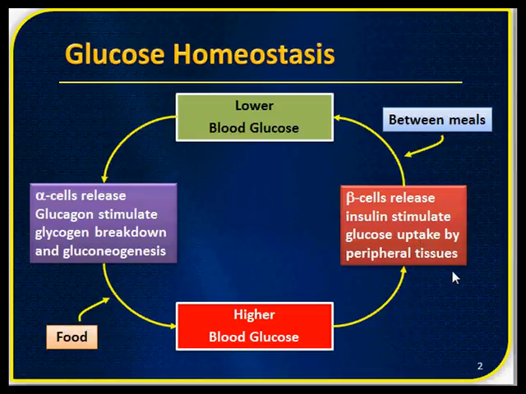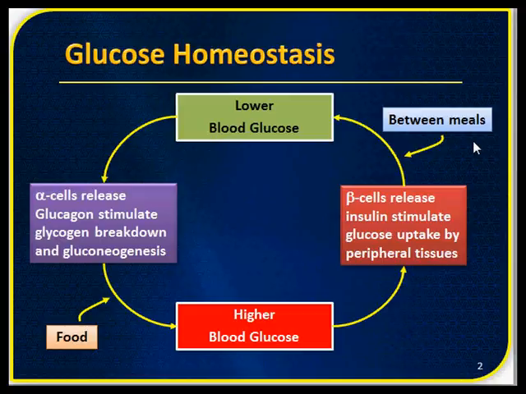This inward movement of glucose into peripheral tissues reduces the blood sugar to normal levels. So in between meals, this is how the blood sugar is maintained at around 70 to 110. So this is in a nutshell the glucose homeostasis as we see here with the glucagon and the insulin.